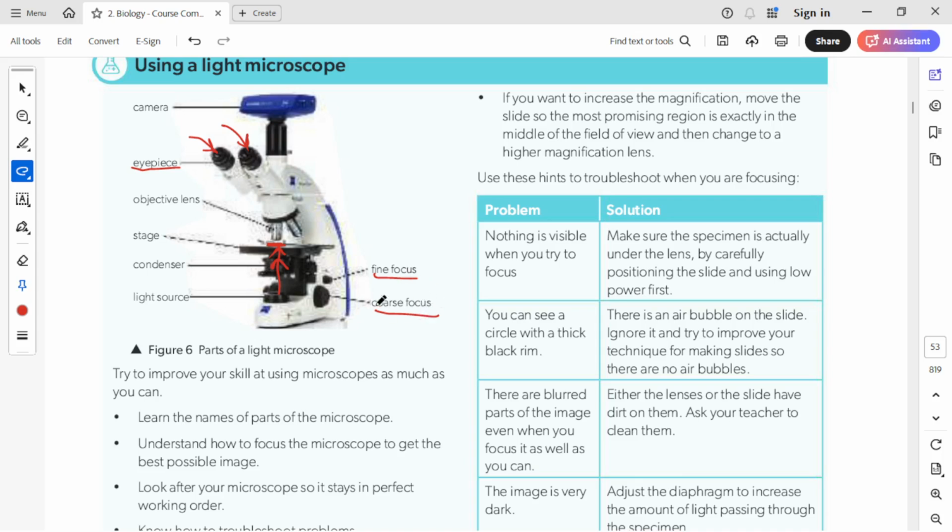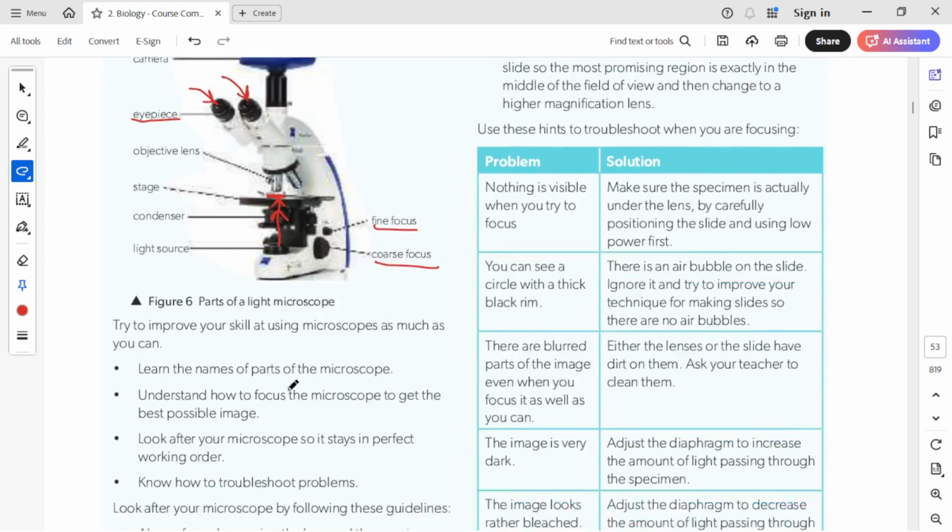After doing the coarse focus, once you can see the object, you will do the fine focus. The fine focus will make the picture even clearer. So after fine focus, you'll be able to see the picture exactly in this light microscope.